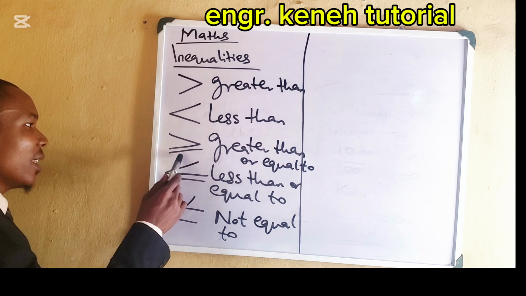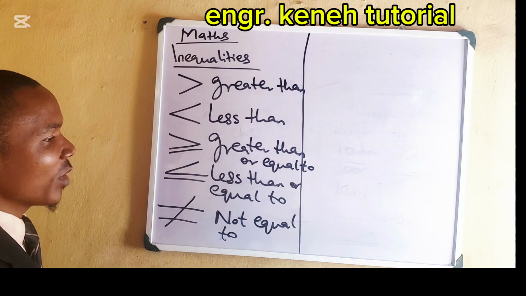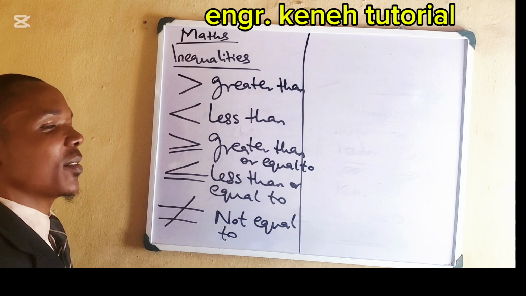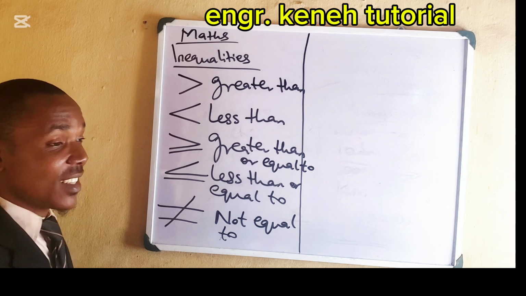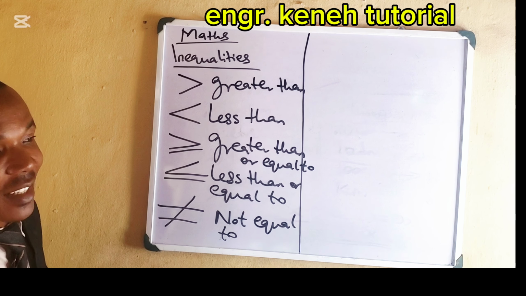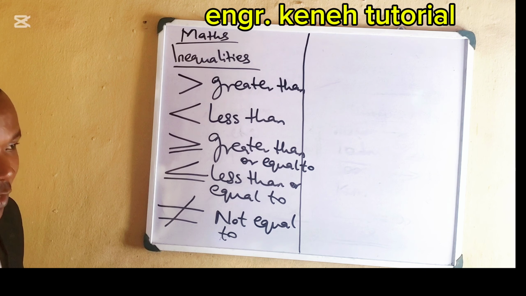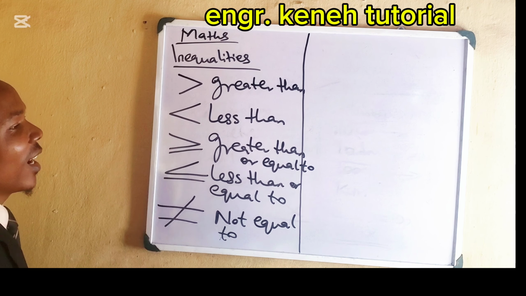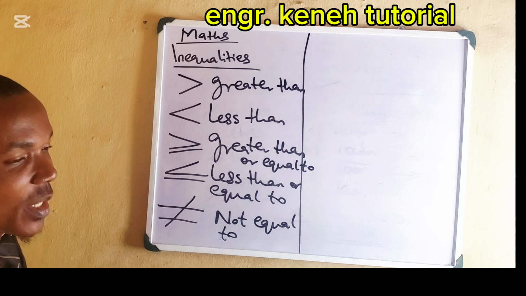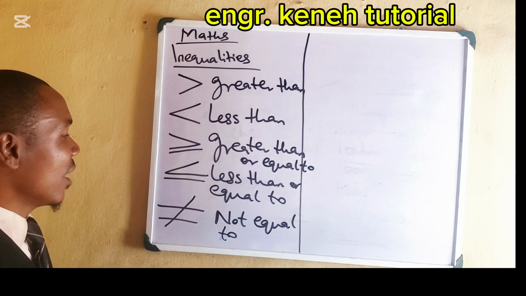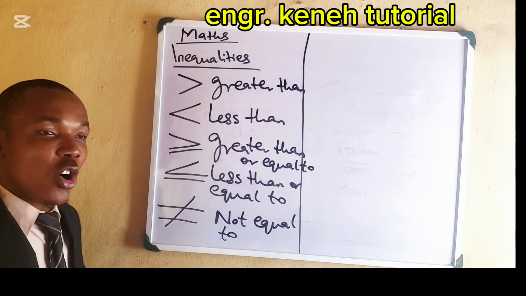But when you see greater than or equal to, it means that it can be bigger than that thing or it can be equal to that thing. For example, if you say that x is greater than or equal to 5, it means that x can be 5 and it can also be more than 5, but it cannot be less than 5. Likewise, when you hear less than or equal to, it means that x can be that thing. Maybe you have x is less than or equal to 7.